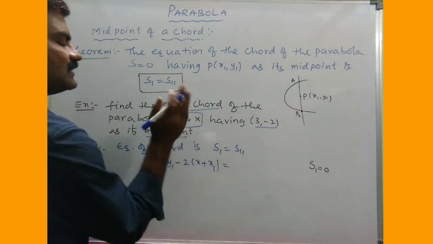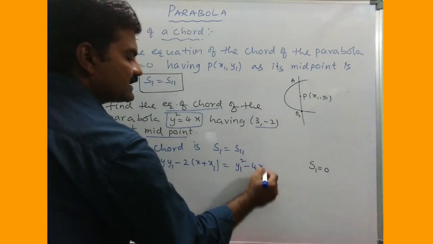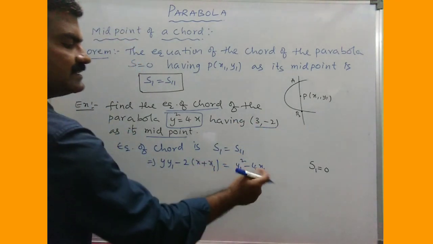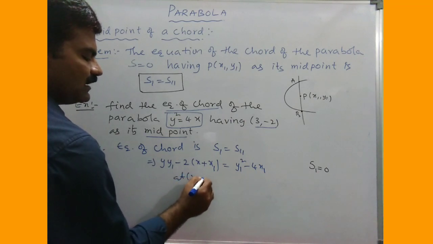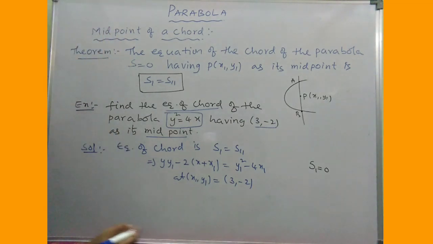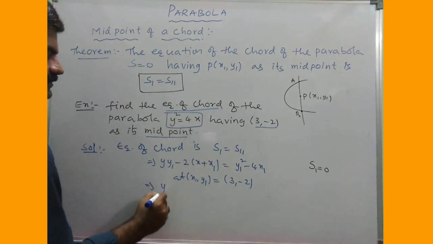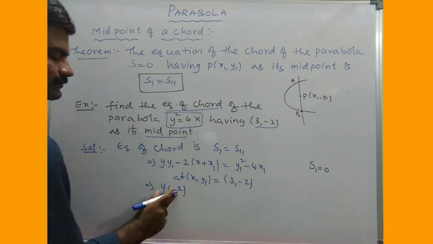S11 is nothing but directly you need to substitute. So y1 square minus 4x1. S11 is very easy. Now the point x1, y1 is given as 3, minus 2. So please substitute. y1 value is minus 2.